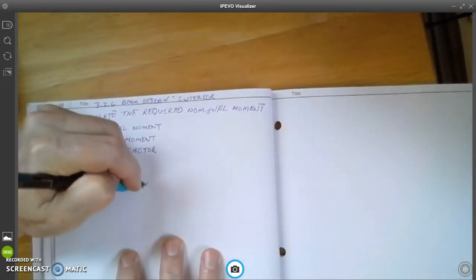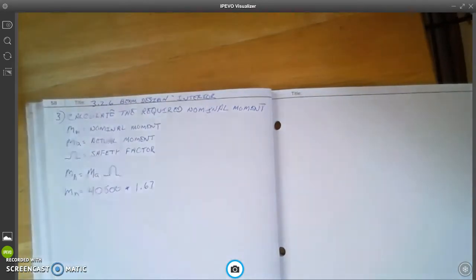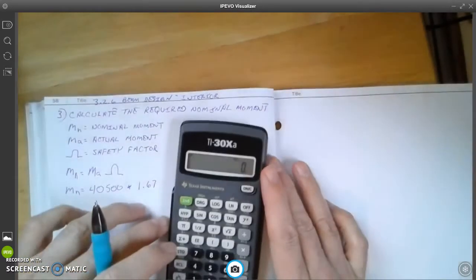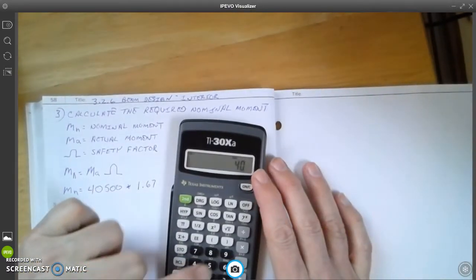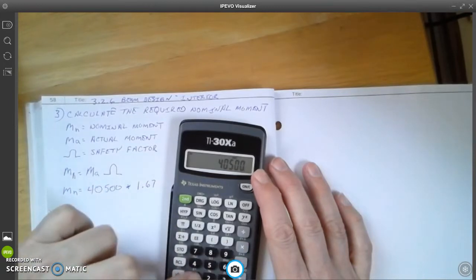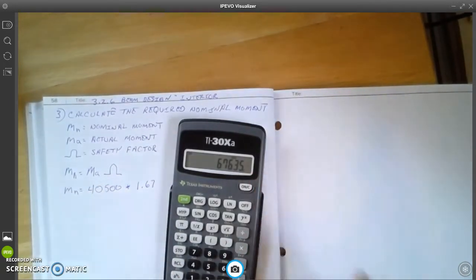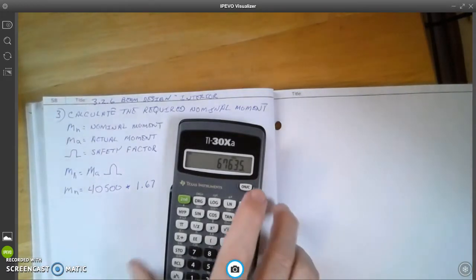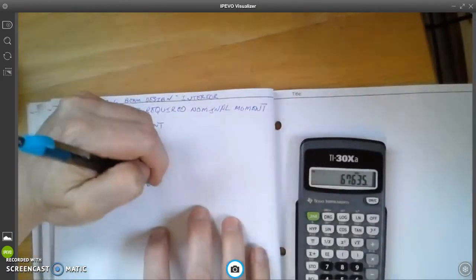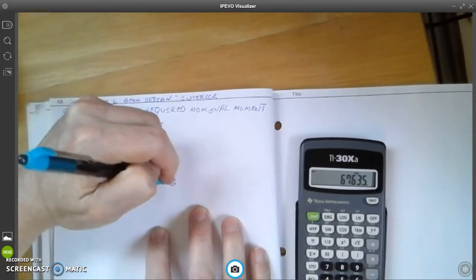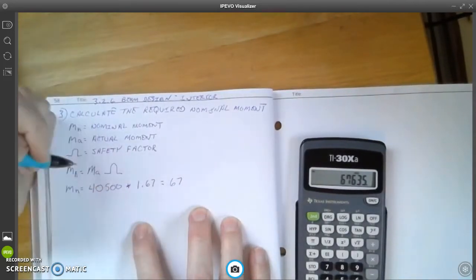It's 1.67. So if we get the calculator out, and we take 40,500 times 1.67, we're going to get 67,635 pound-feet. I think it is.